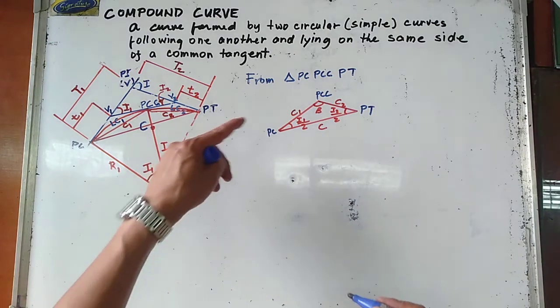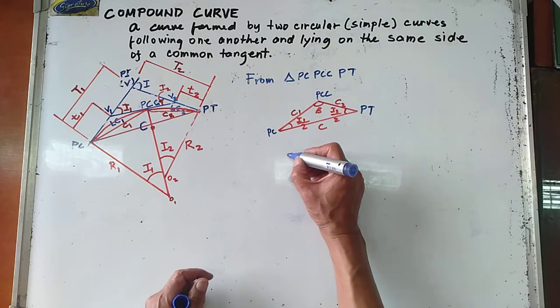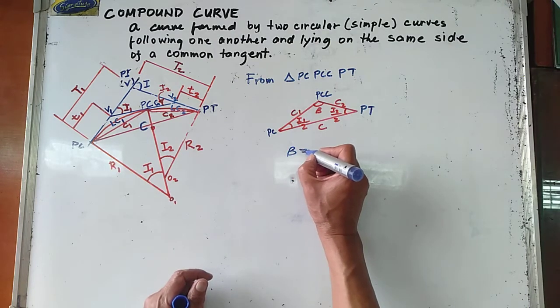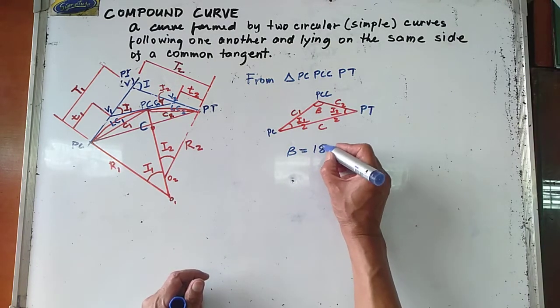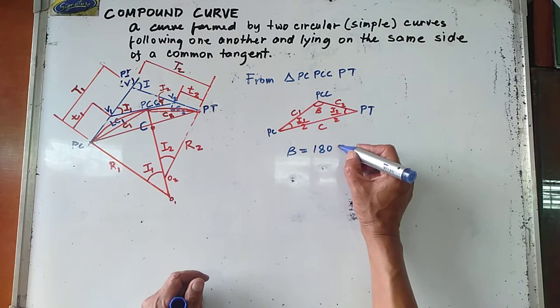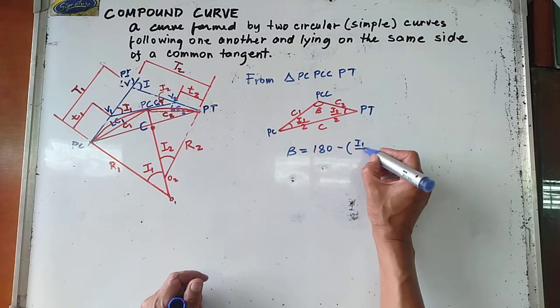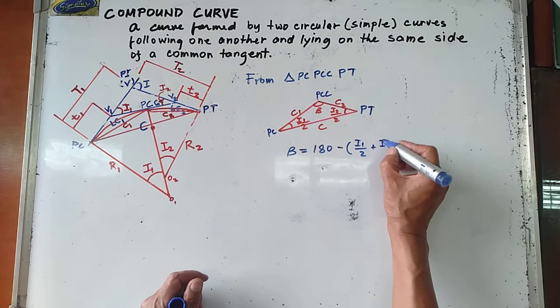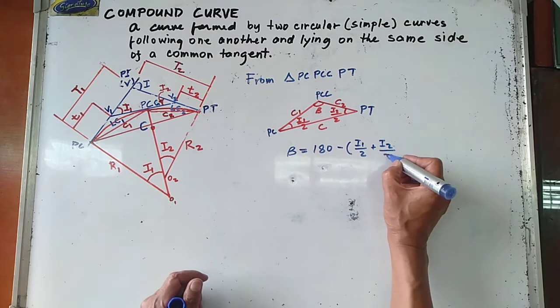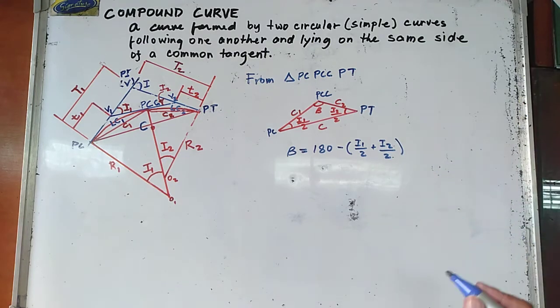And therefore, your angle beta in there is equal to 180 minus I1 all over 2 plus I2 all over 2.